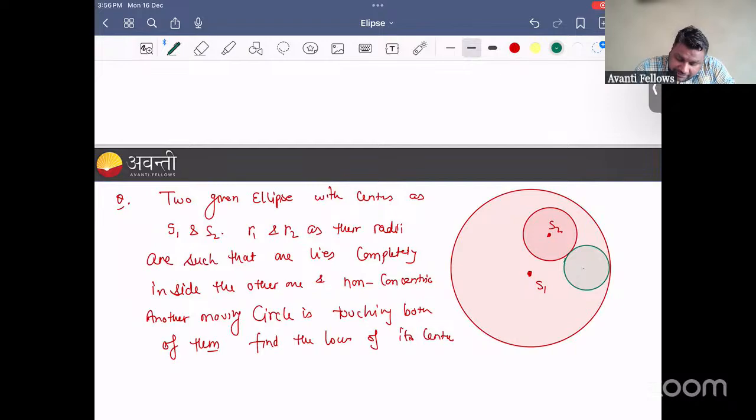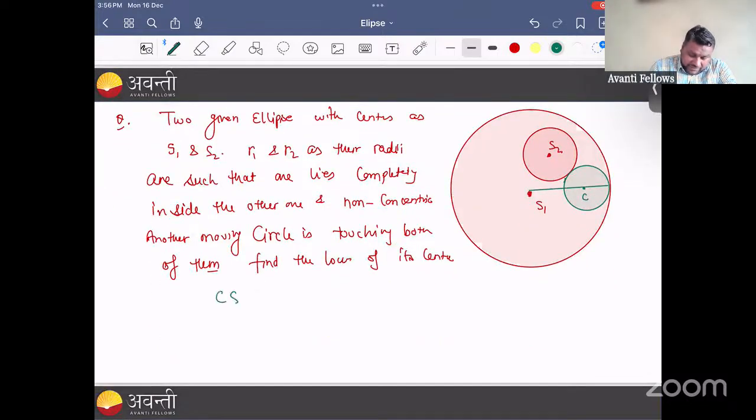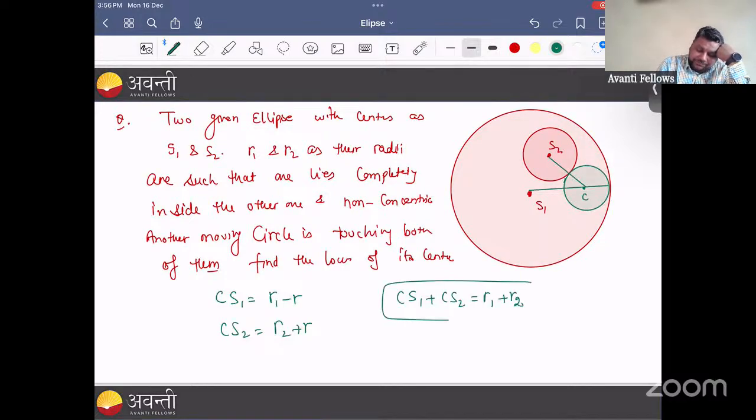Now let us assume its center is here, C, with radius R. So what is CS1? CS1 is R1 minus R. What is CS2? CS2 is R2 plus R. If you add both of them, CS1 plus CS2 is R1 plus R2. Yes or no?